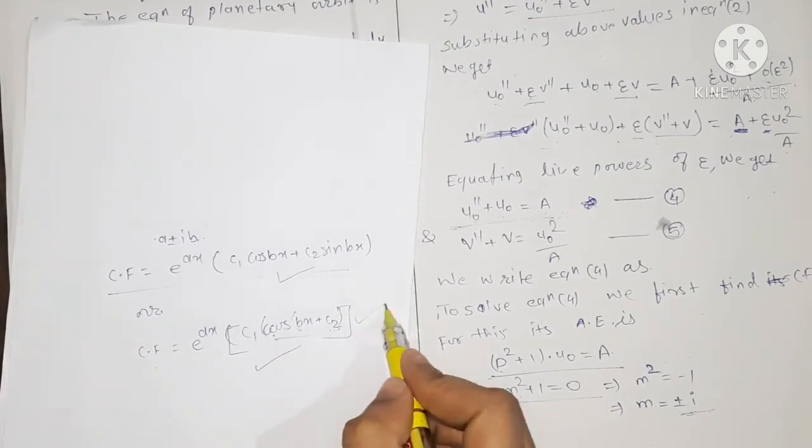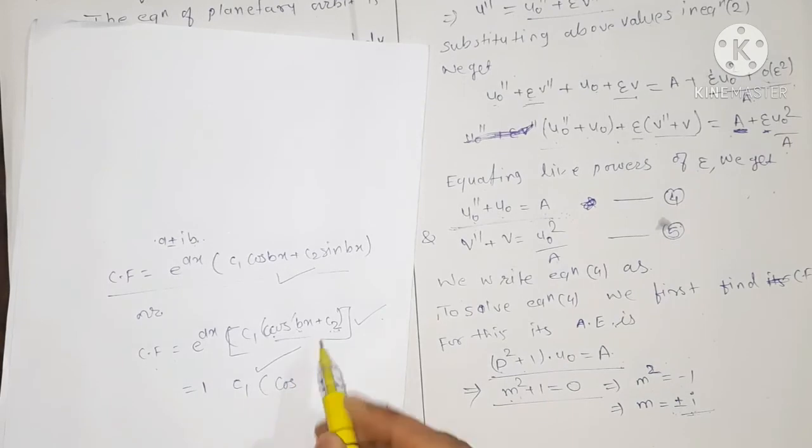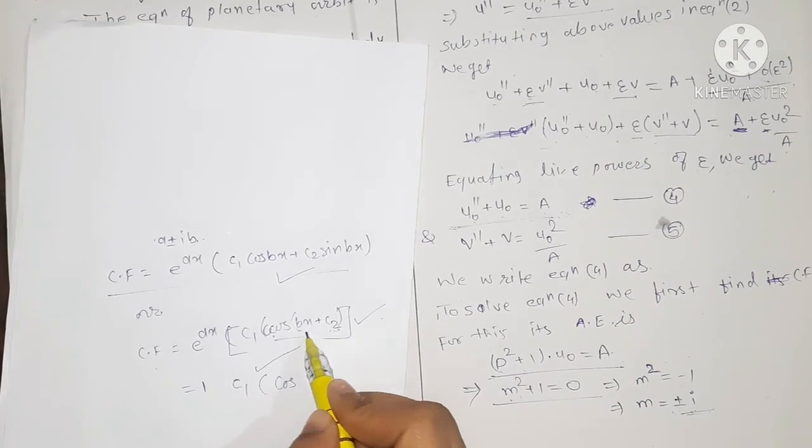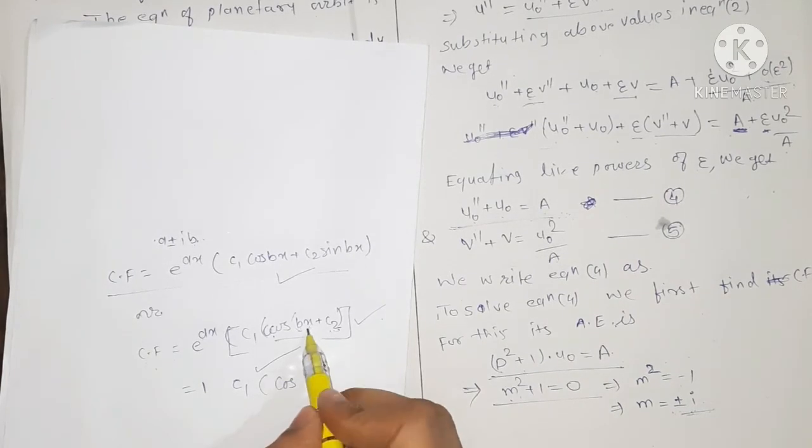So we are going to use this form, and since here a equals 0, because the real part is 0, e to the power 0 comes out to be 1. The constant c1 in bracket cos of bx, where b is our imaginary part, and x is our dependent variable.